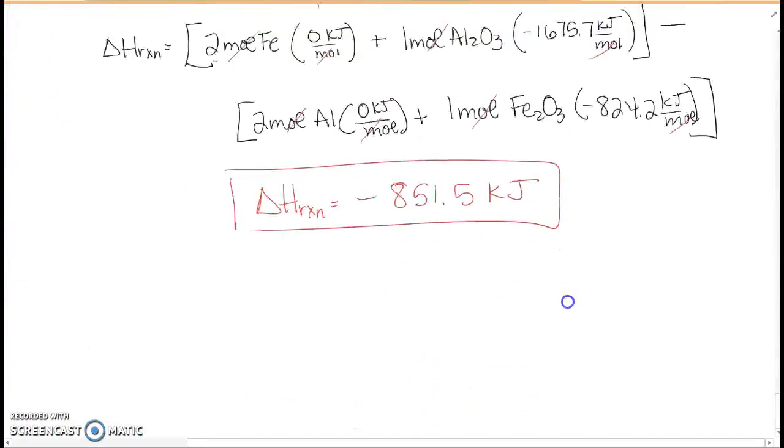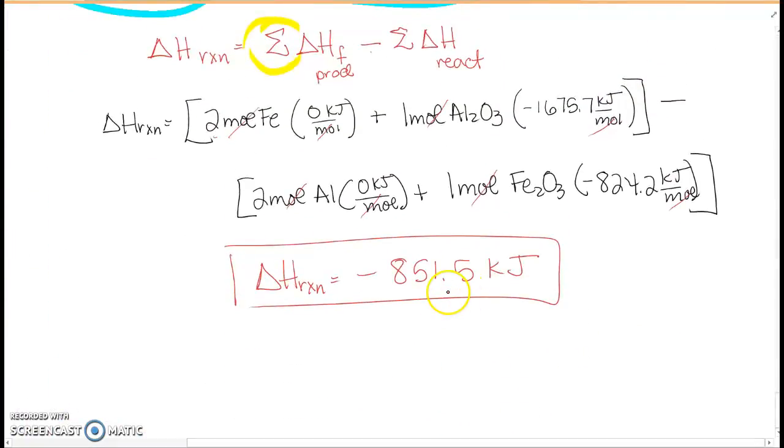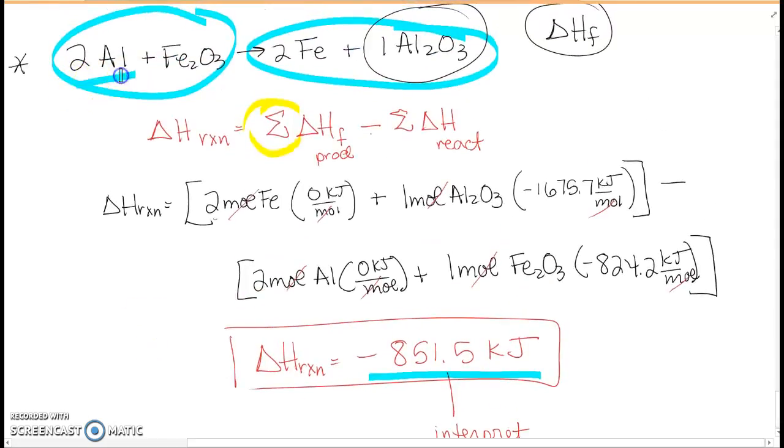So it's negative 851.5, which we could then interpret. So it's negative 851.5 kilojoules per 2 moles of aluminum, or negative 851.5 kilojoules per 1 mole of iron oxide, or negative 851.5 kilojoules per 2 moles of iron, or per 1 mole of aluminum oxide.